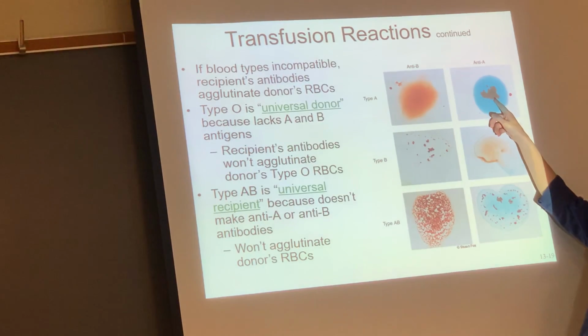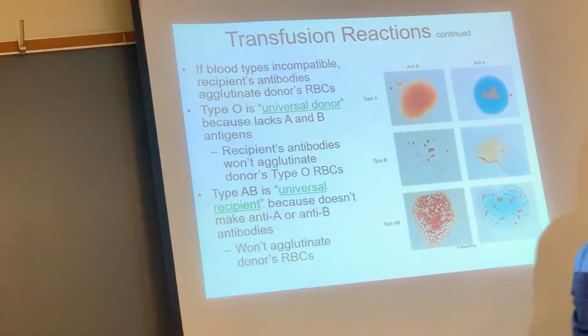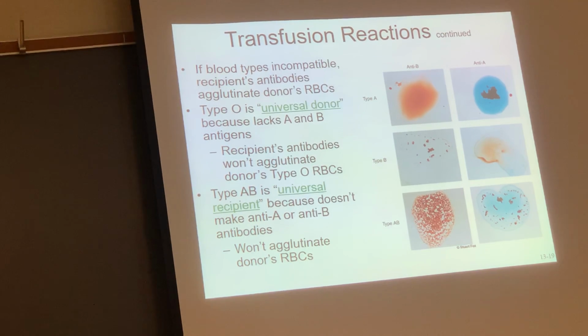But with the A antibody, we did get agglutination. So it has to be type A blood. Because if you add the A antibody to the blood and it clumps, that means that the A antigen is there. And if the A antigen is there, that's the blood type it is.